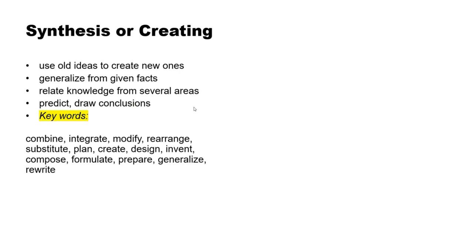So this aim at arriving at new principles, arriving at new theories, or suggest new suggestions or guidelines by using the previous information. The keywords that can be asked are combine, integrate, modify, rearrange, and so on.